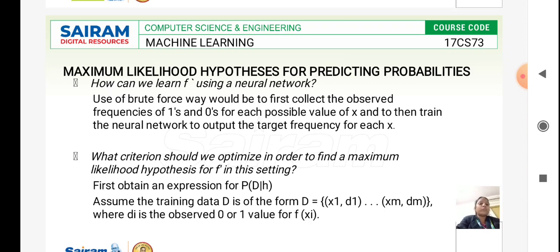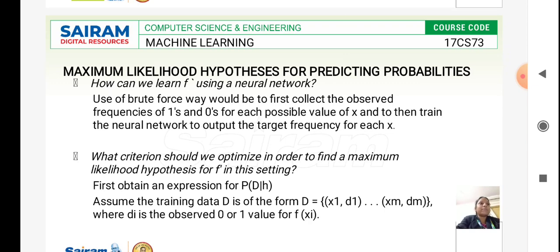Similarly, here I collect the frequencies of both 1s and 0s, which are the true condition and the false condition, for the possible values of x. For the given value of x, I collect the frequency of occurrence of the true condition, that is 1, and the frequency of occurrence of the false condition, that is 0, and I train my neural network according to the frequencies I have observed.